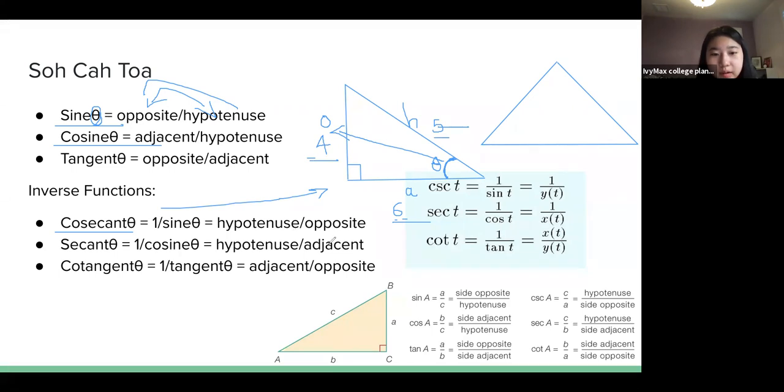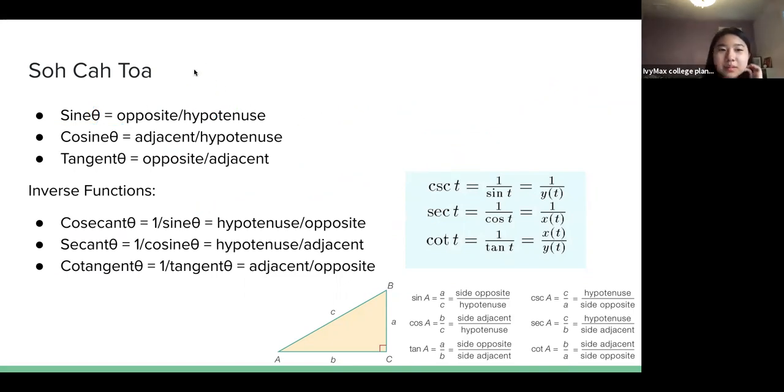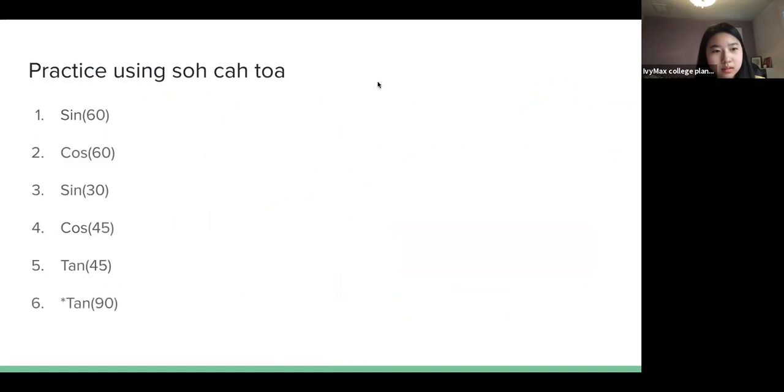Secant is hypotenuse over adjacent, 5 over 6. And cotangent is adjacent over opposite, 6 over 4. Just write down your notes right here, and then you can see some practice problems in the next slides.